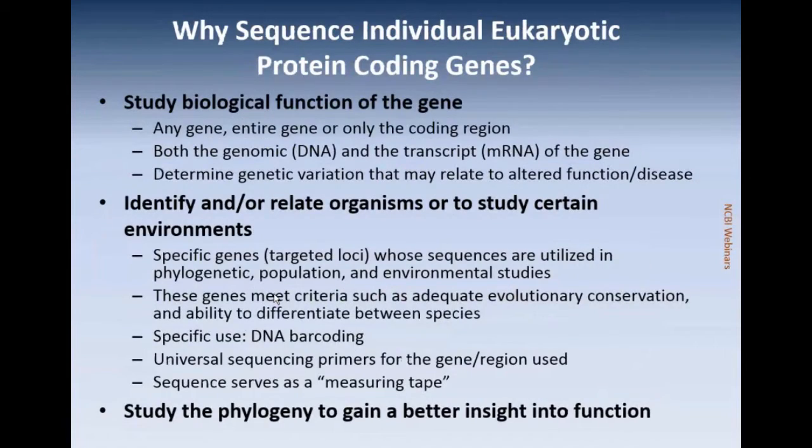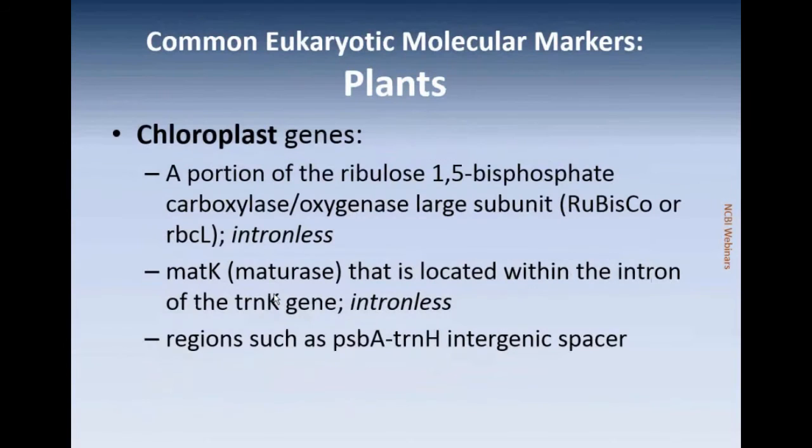You might already know why you are choosing your specific gene that you are sequencing, and I've just put this material together so that you can have perhaps an additional sense of why other people sequence their genes. Some of the common eukaryotic molecular markers will be shown on the next few slides.